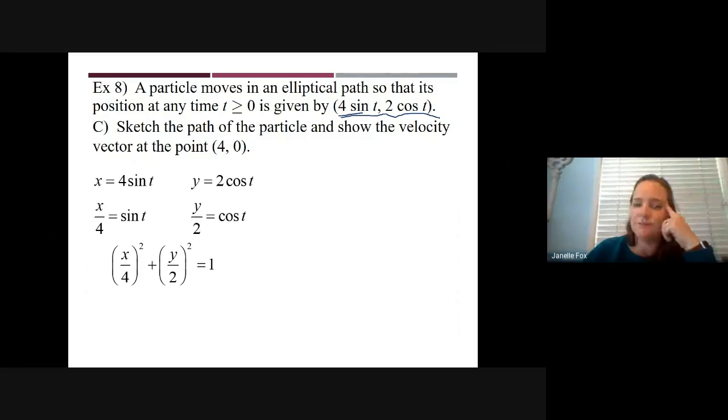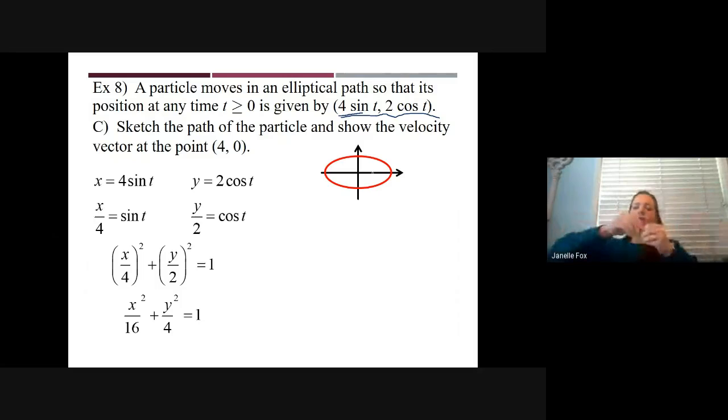It's this ellipse, where the x value would be 4 on each side and the y value would be 2 on each side, mostly because there's a 4 here and a 2 here. So I kind of just knew that was going to happen. And here's my ellipse. Now it does say to show the velocity vector at the point (4, 0).